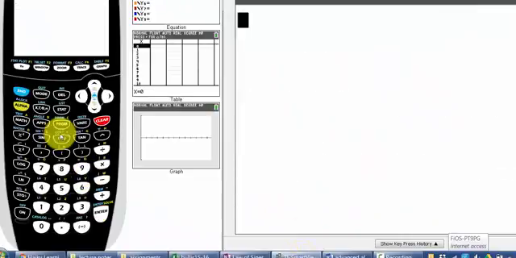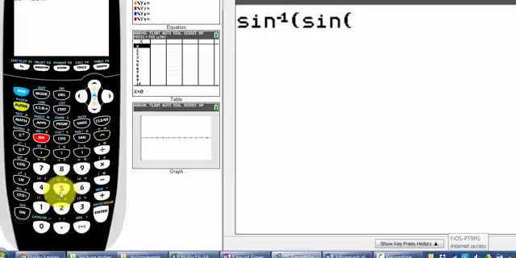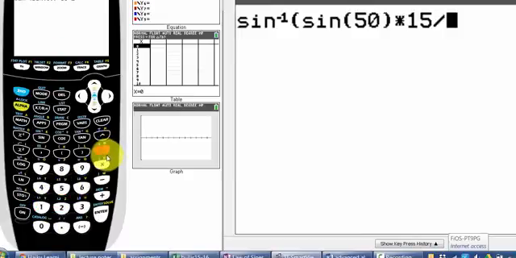We want the inverse sine, also called sine minus 1, of the sine of 50, times 15, divided by 19. You don't need to open and close more parentheses than that, okay?